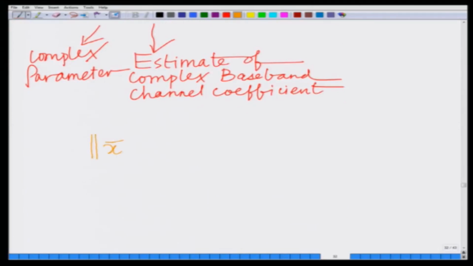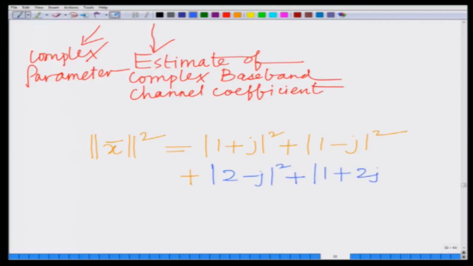I have norm x bar square, which is the norm square of the pilot vector, given as magnitude of 1 plus j square plus magnitude of 1 minus j square plus magnitude of 2 minus j square plus magnitude of 1 plus 2j square, which is basically 2 plus 2 plus 5 plus 5, which is equal to 14.